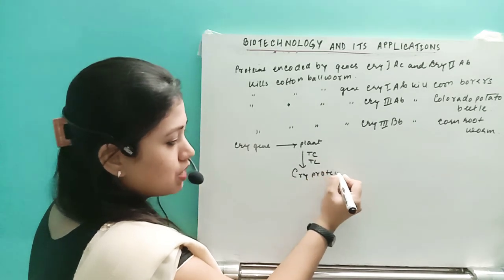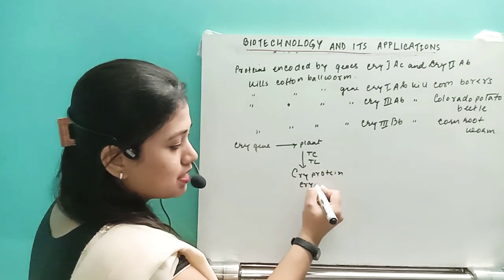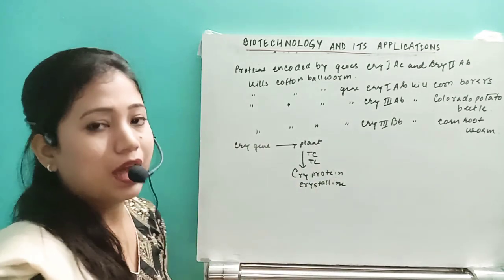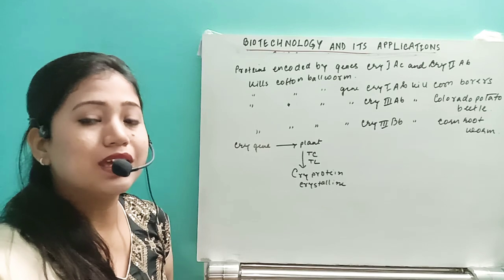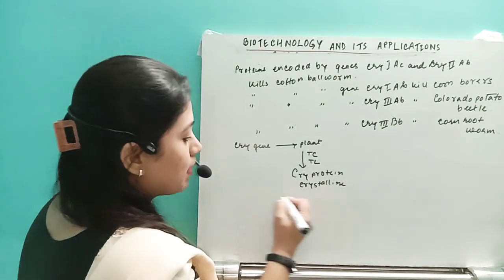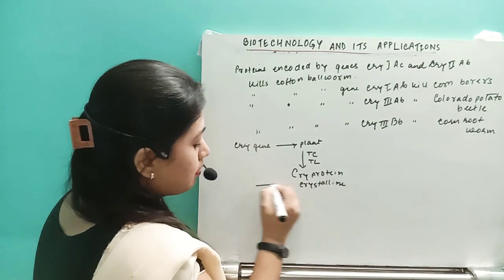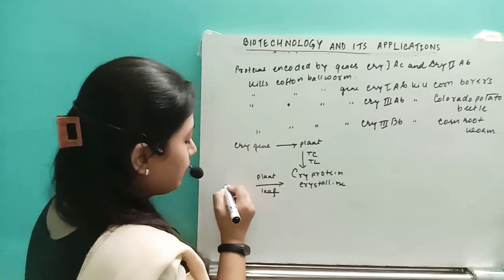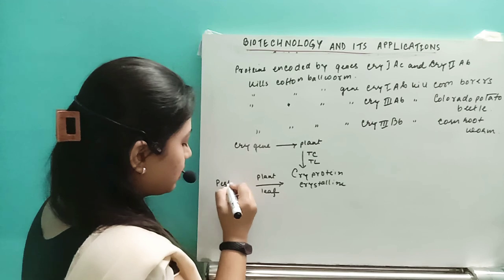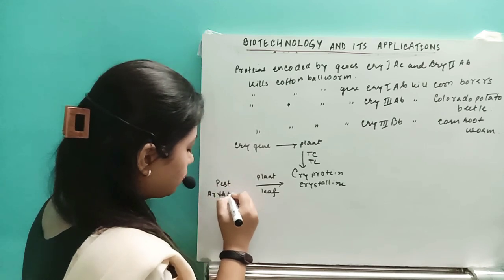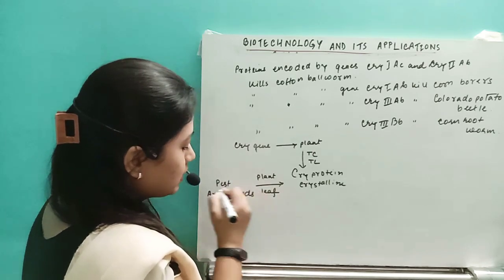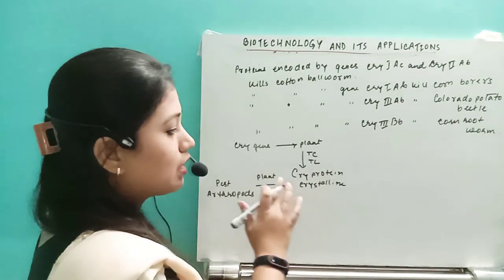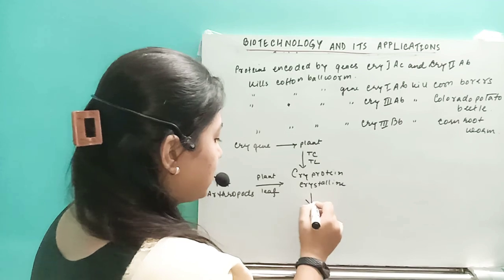This Cry protein is in the crystalline state, so that's why it is not able to harm the plant. Whenever the plant leaf is taken by any type of pest, basically the arthropods, then inside the GI tract this crystalline Cry protein will enter.